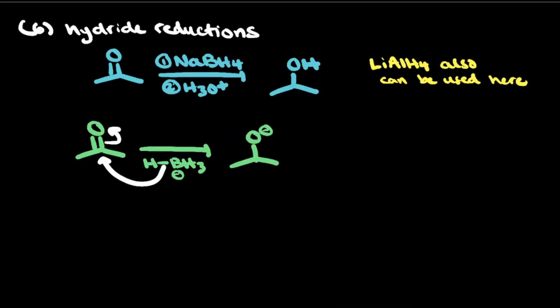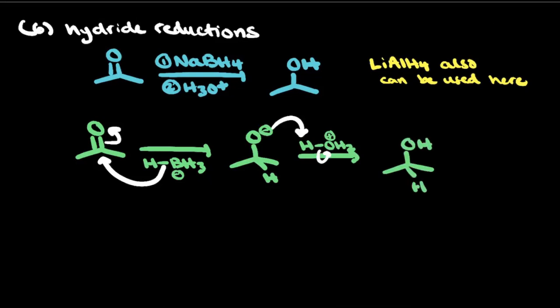You end up adding that hydride in that position, and then afterwards, you can quench that with acid. And that ends up giving you this final product. Cool. So that's your hydride reduction.